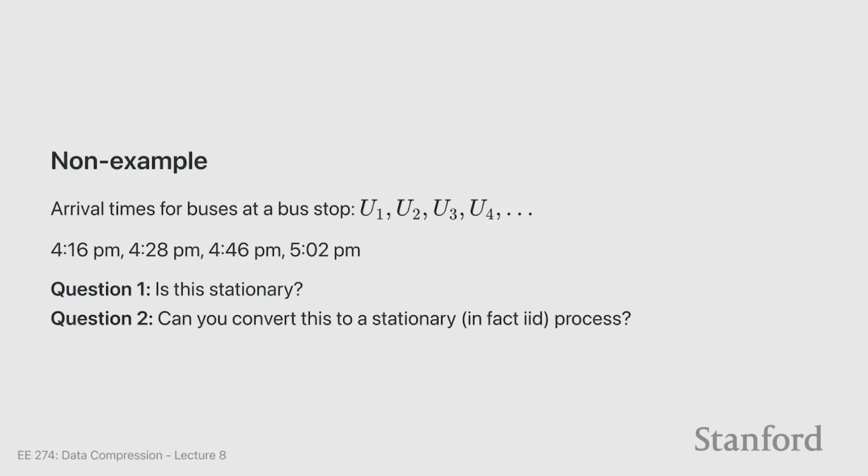So this is not a stationary process. In particular, the mean increases with time. Is that clear? Because not all buses are supposed to arrive at the exact same time. Can you convert it to a stationary process by doing a simple transformation?